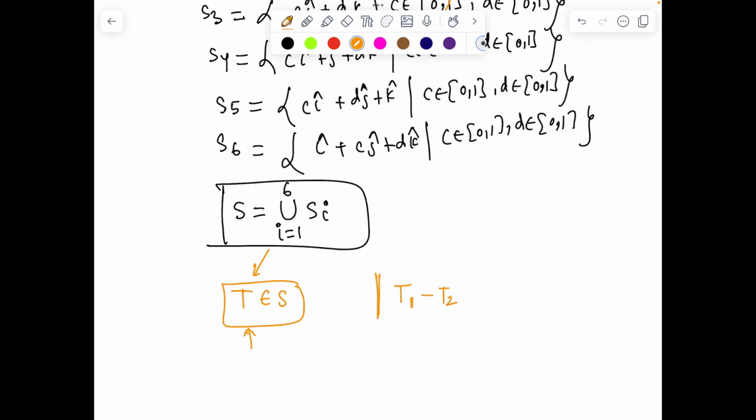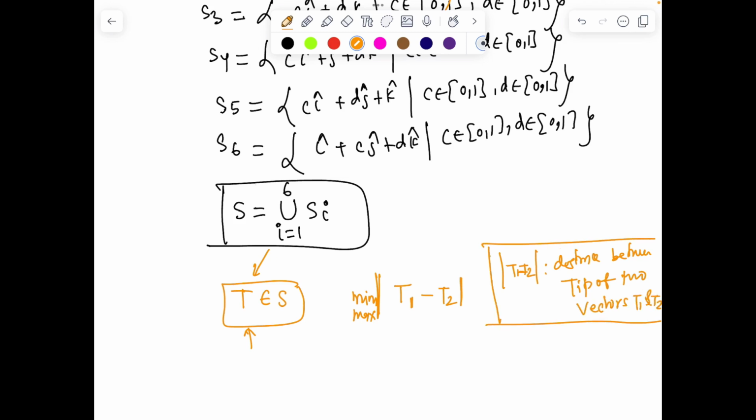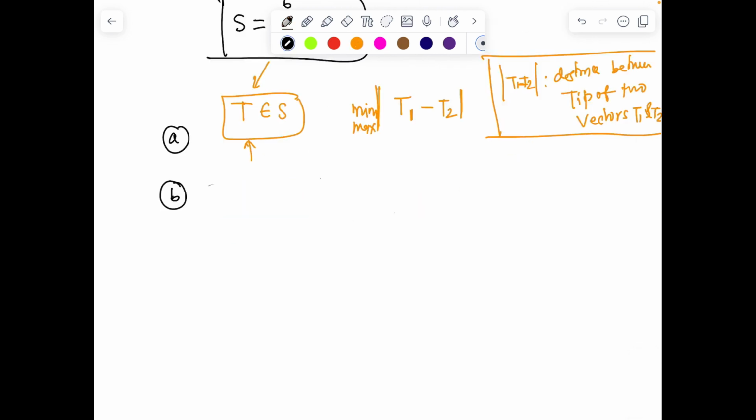So we have to find for any 2 vectors T1 minus T2 the minimum and maximum distance, where mod of T1 minus T2 represents the distance between the tips of 2 vectors T1 and T2. Second question is more challenging, which I'll solve in the next lecture.